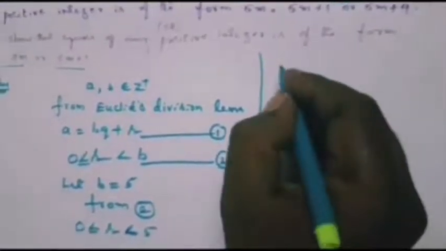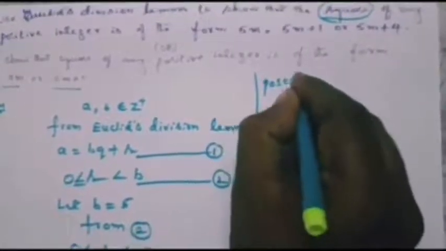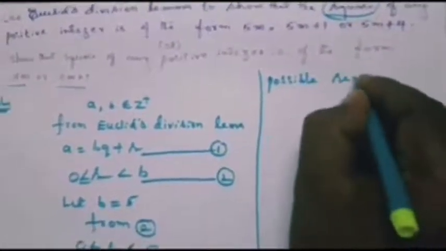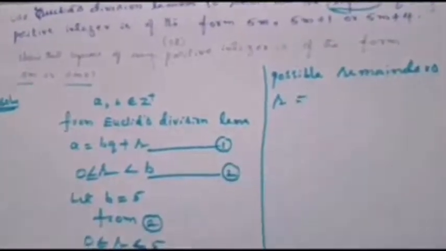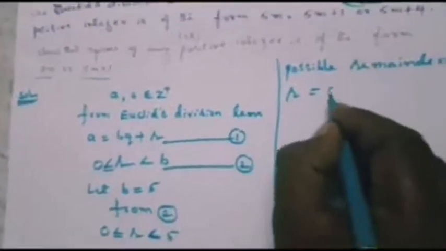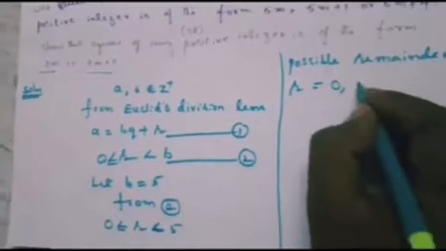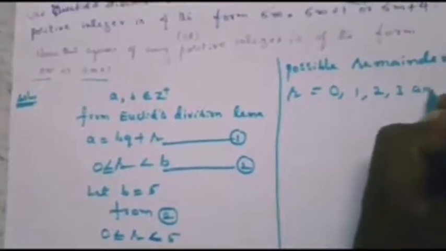Now let me write the possible remainders. r is greater than or equal to 0 but less than 5. That's why 0, 1, 2, 3 and 4.